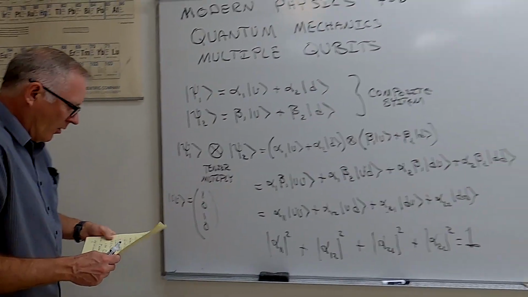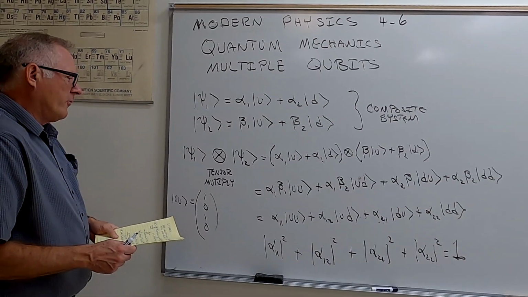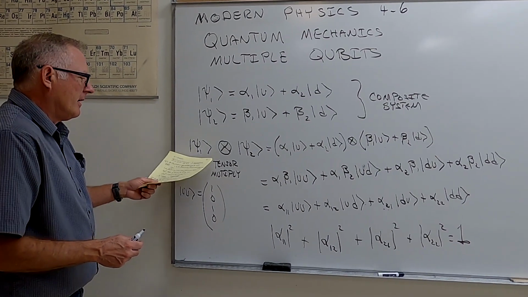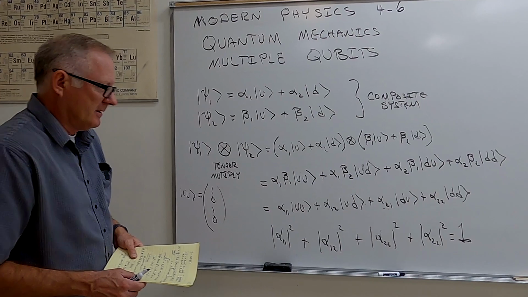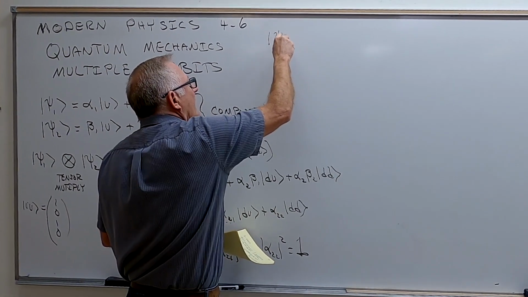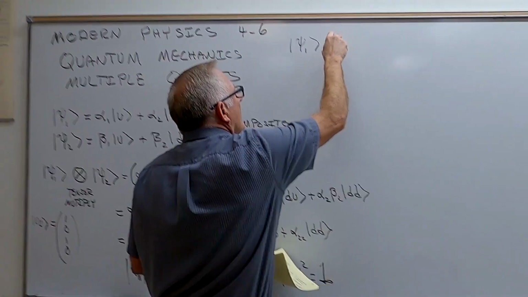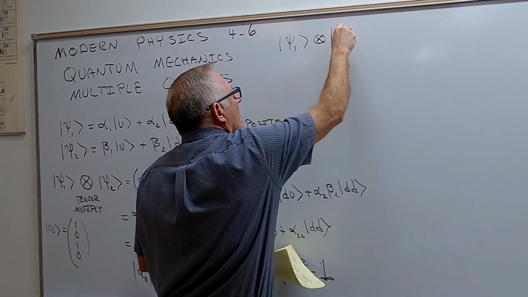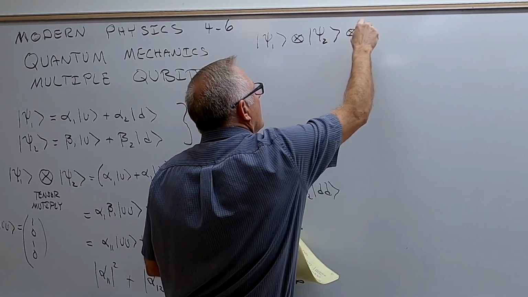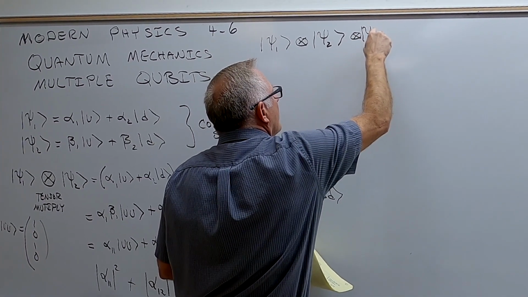Okay. Well, what if we had, say, 3 qubits? Then you'd have psi 1, psi 2, psi 3.